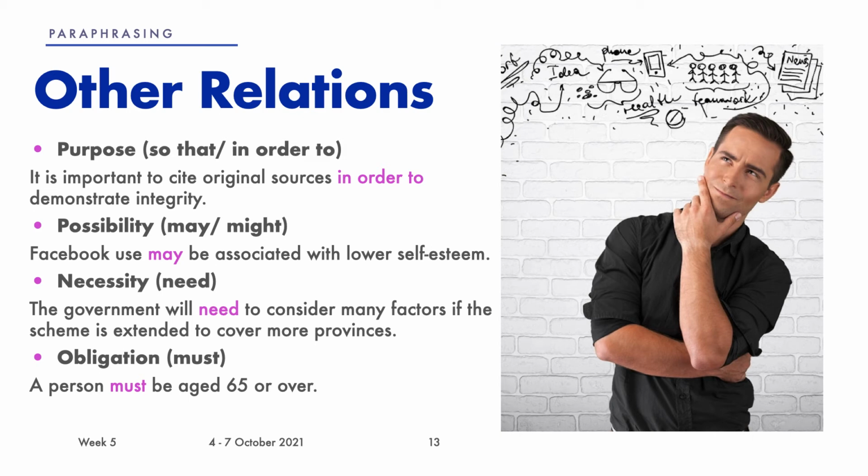And of course, aside from talking about possibility and necessity, we also talk about obligations with modal verbs such as "must" or "should." Okay, for example, a person must be aged 65 or over. When you see these sentences and when you have to paraphrase them, you may want to think about other ways to talk about these relations, as I will show you some examples in the next slide.